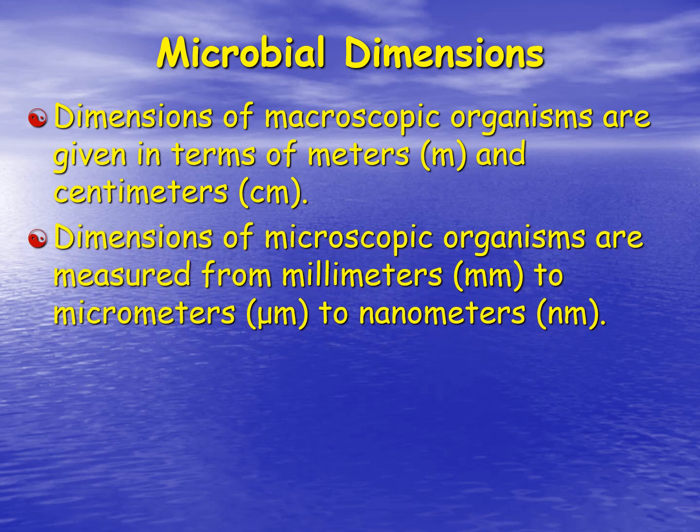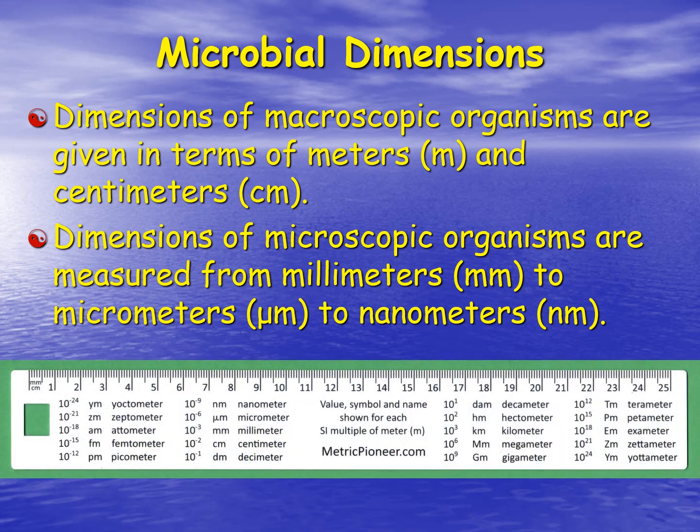So dimensions of microscopic organisms are measured in millimeters to micrometers, or microns is another term, to nanometers. With the advent of the technology in microscopy, however, we can now go down one further, and that is into the picometer range. And so here's a nice little picture.